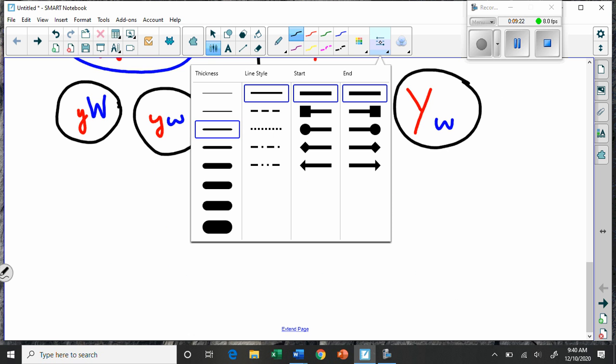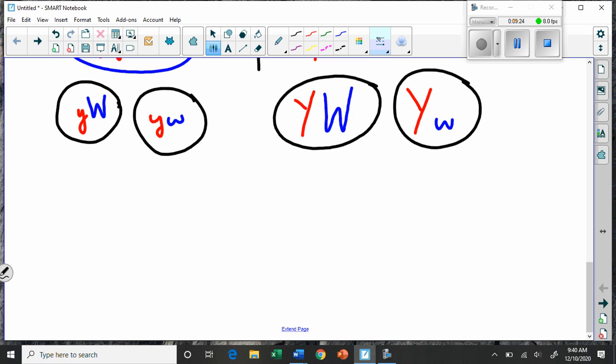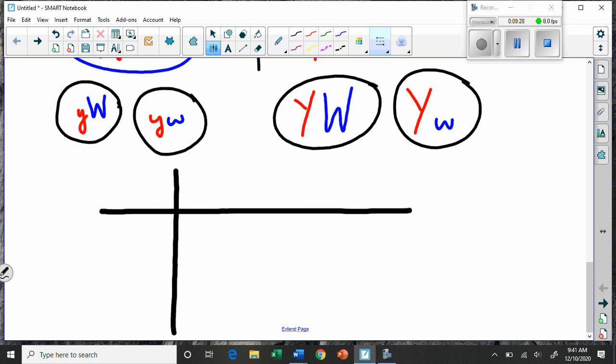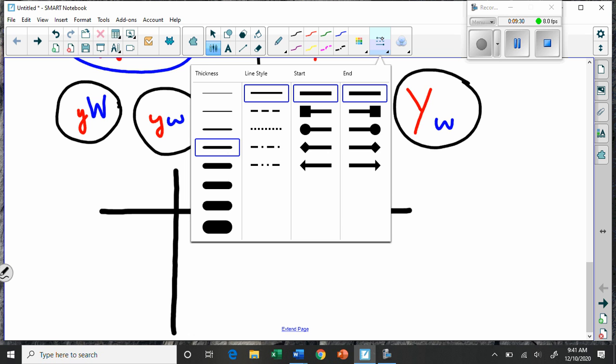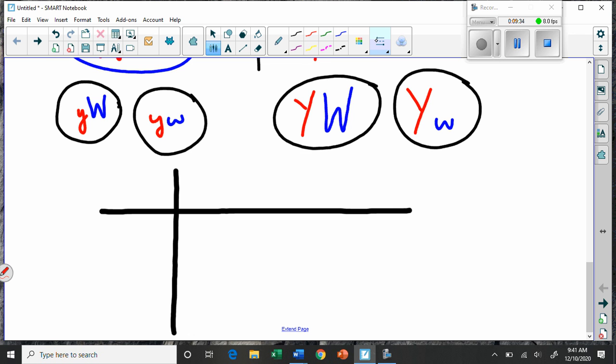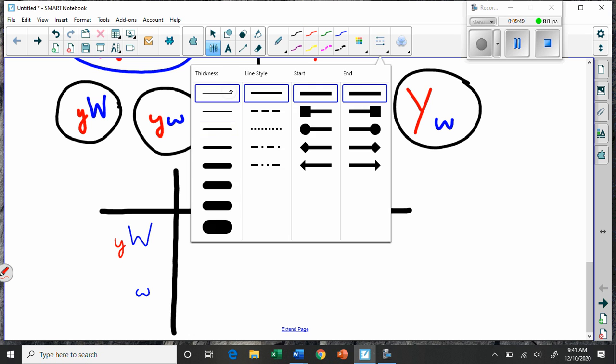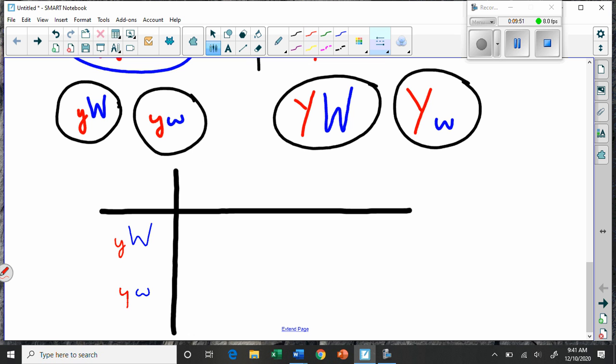So let's draw our Punnett square. Okay, and then let's go and put them in. I'll try to color code them here. The possible gametes are Y and big W, or Y and little w. Right?